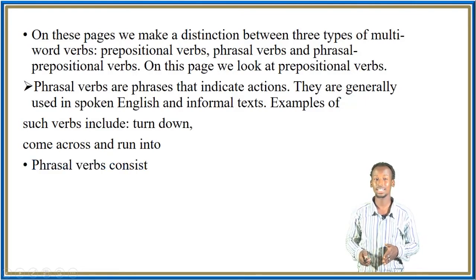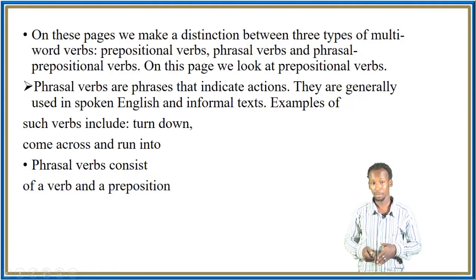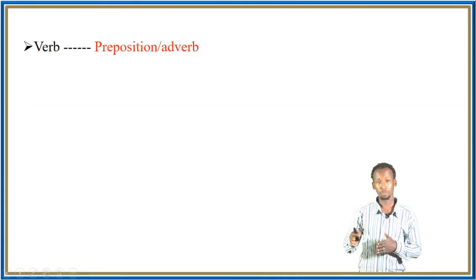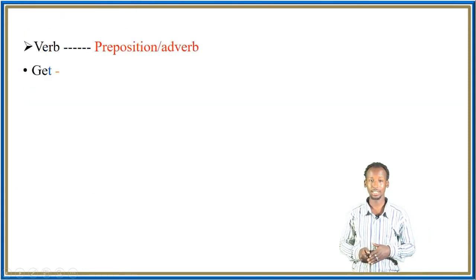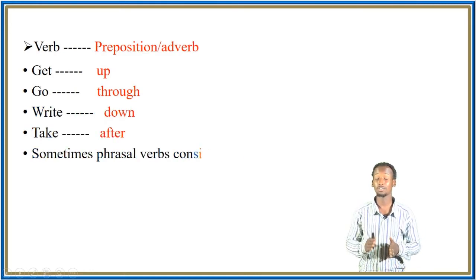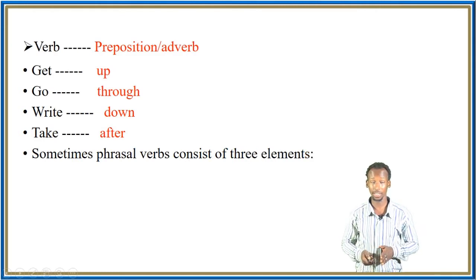Phrasal verbs consist of a verb and a preposition or adverb. A verb and also a prepositional adverb. Look at these examples. Get up, go through, write down, take after. Sometimes phrasal verbs consist of three elements even.